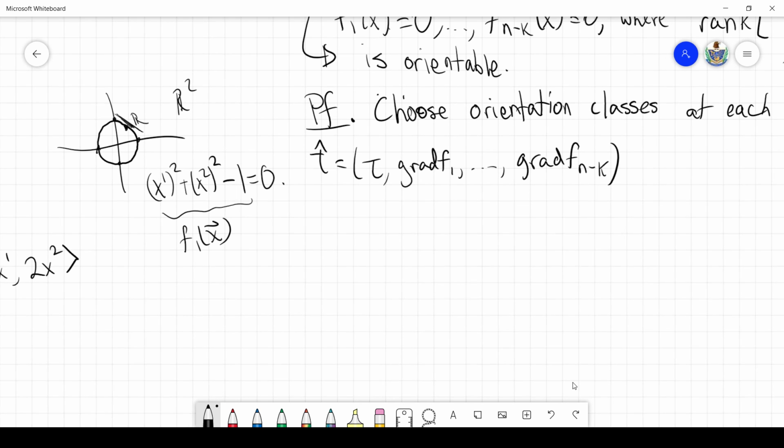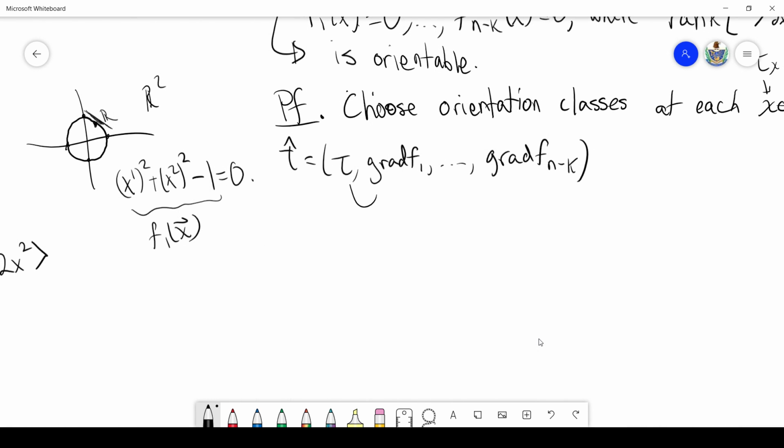So essentially that's how we can adjoin these two things, because tau represents vectors for the tangent space of the manifold, and then all these gradient vectors are going to be orthogonal.